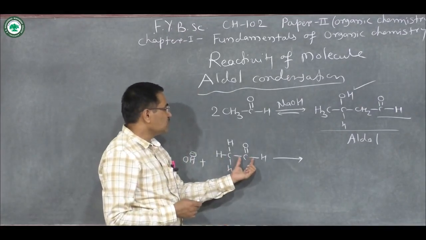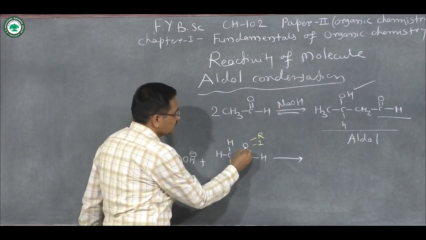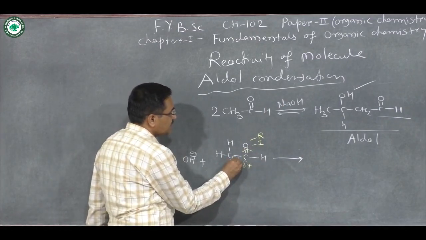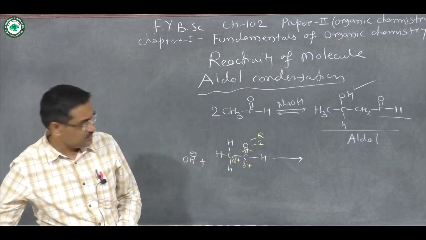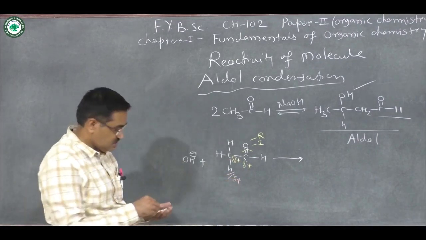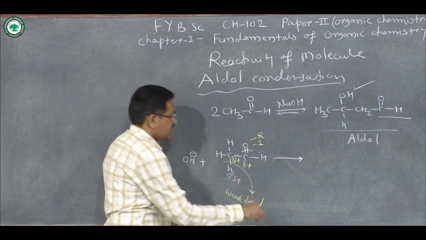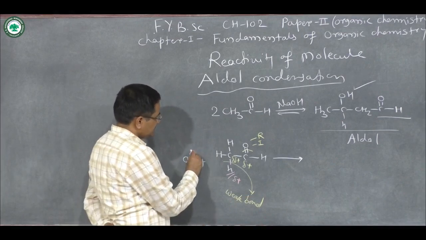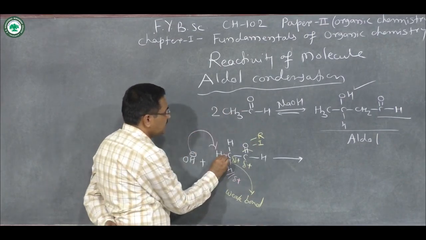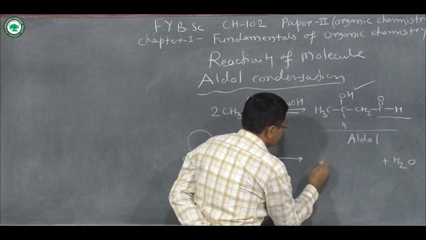Now here C double bond O, this group shows minus R as well as minus I effect, and due to this this carbon carries partial positive charge and this alpha carbon carries partial positive charge, and this hydrogen is already electropositive in nature, and due to this the bond becomes weak, and this is the good site for the hydroxide group to attack on this hydrogen and it forms the carbanion. Side product is water molecule here.